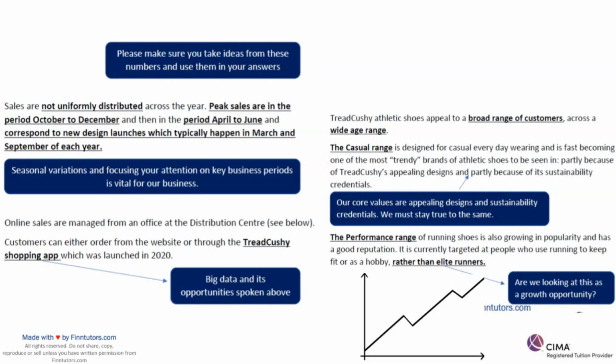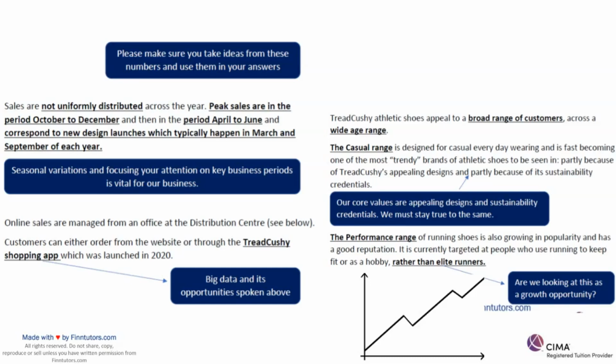So sales are not uniformly distributed across the year, which means throughout the year it's not the same level of sales. Peak sales are in the period October to December, and then in the period April to June. So mainly in the festive season, October to December, and in the summer season, April to June.